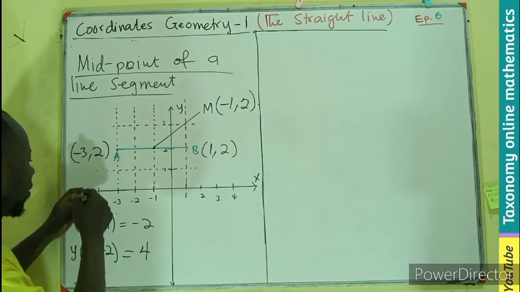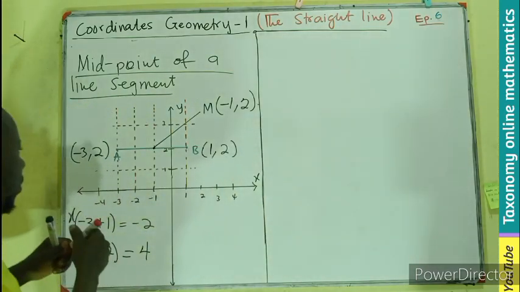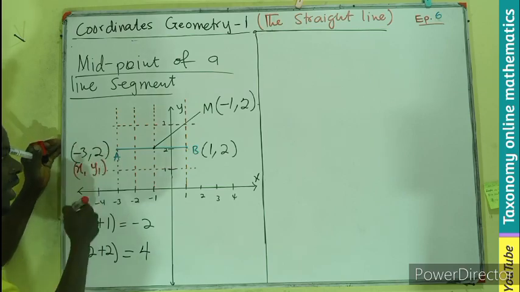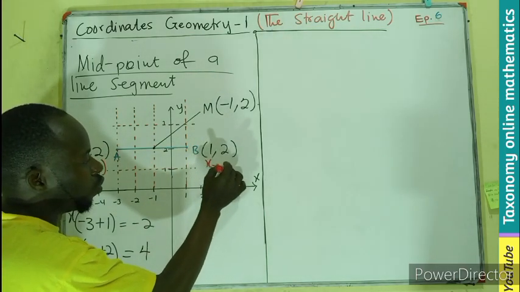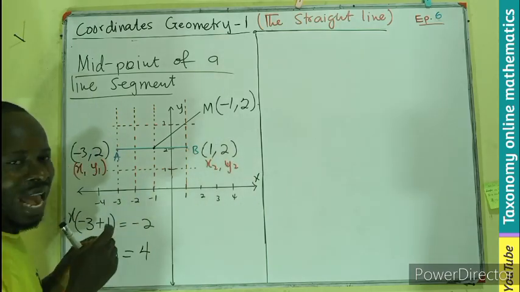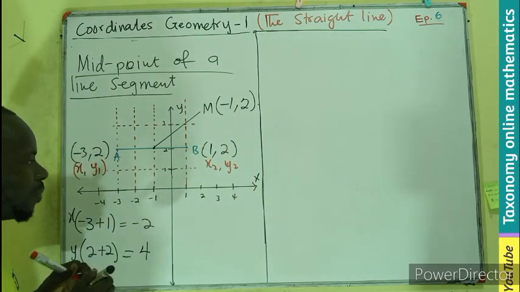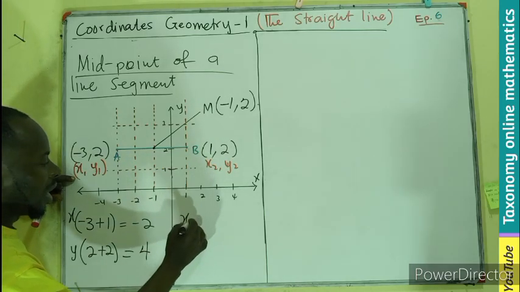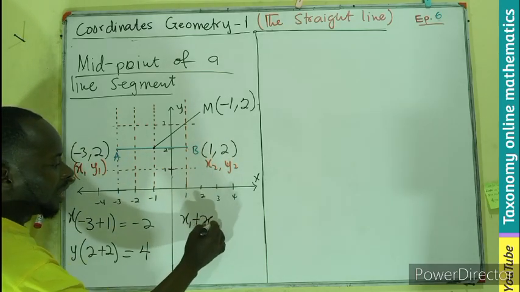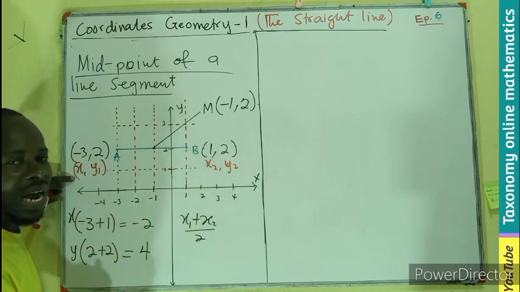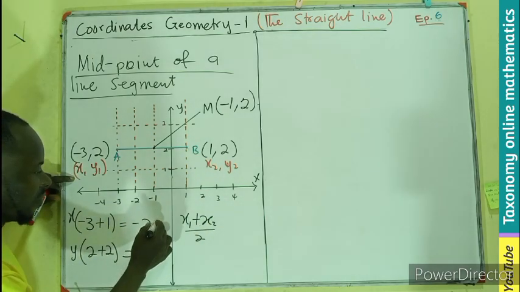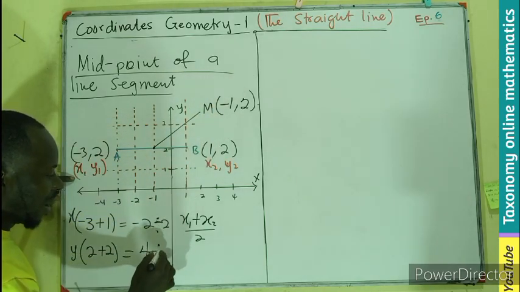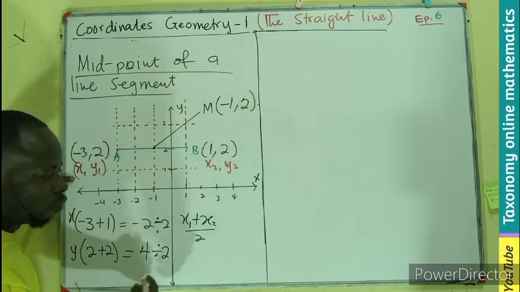So if this is our, here we have x1, y1 as the beginning point, we have x2, y2 as the end point. If I'm looking for the midpoint, what I can do is that I pick x1 and add x2. Find half of that, meaning divided by 2. Because if you divide this by 2, you get -1. Divide it by 2, you get what? +2.